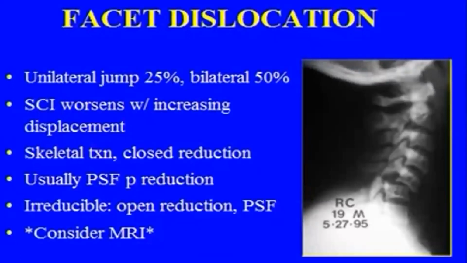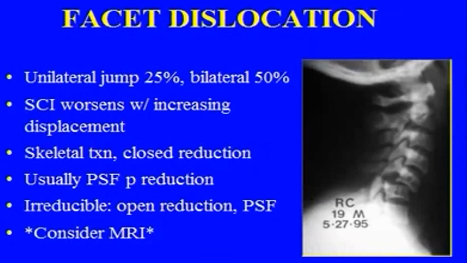Now, let's speak about facet dislocations in the lower cervical spine. Unilateral occurs in 25%, bilateral 50% facet dislocations. Spinal cord injury worsens with increasing displacement.